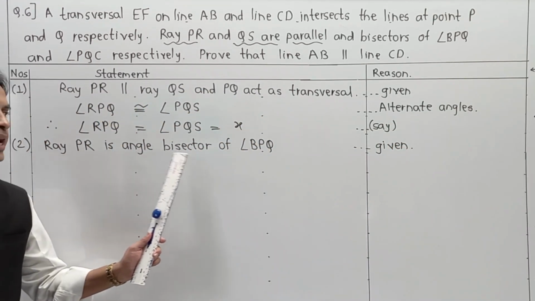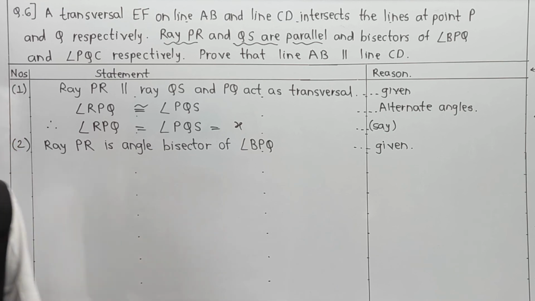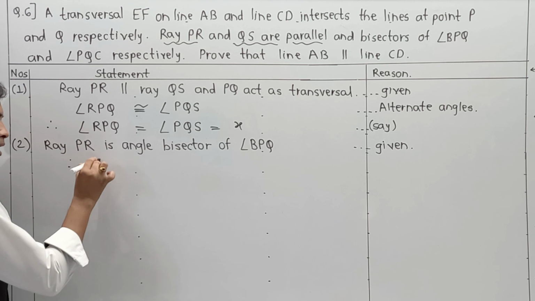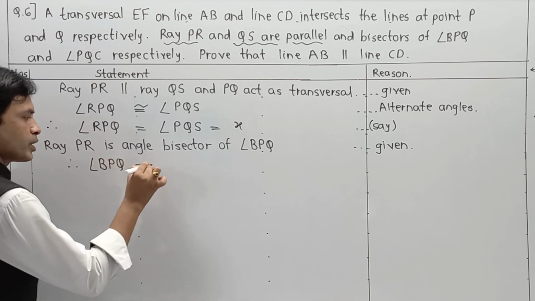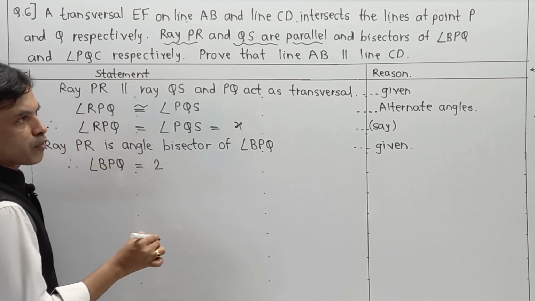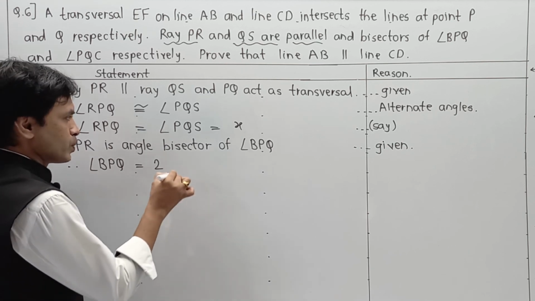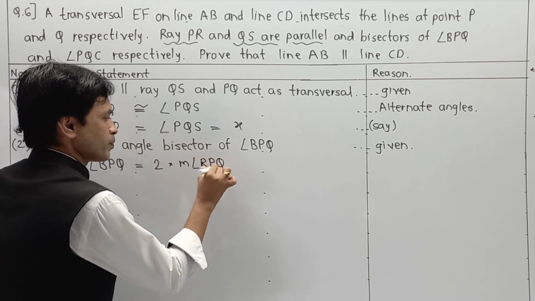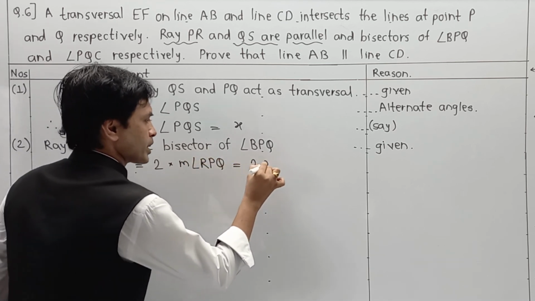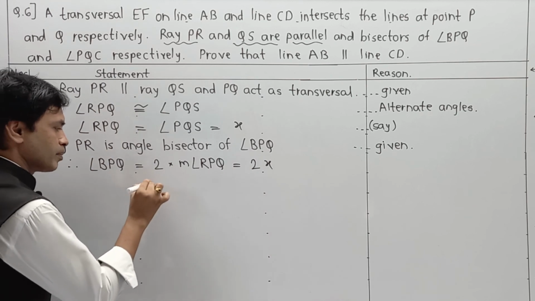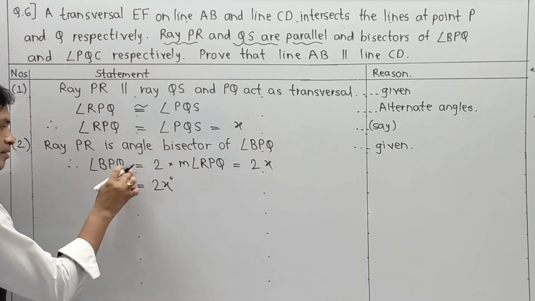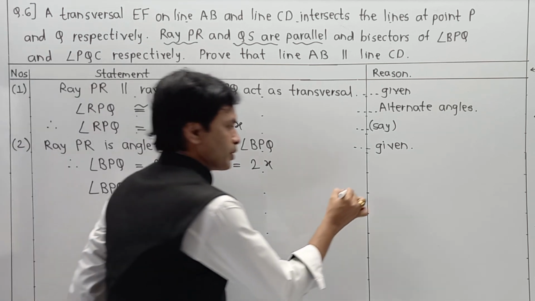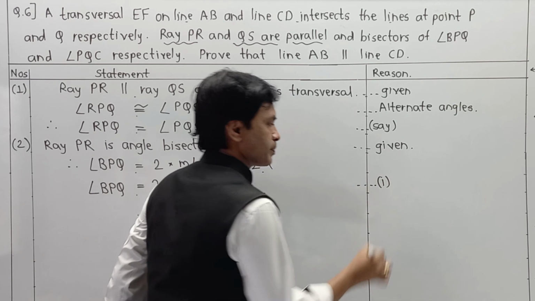Ray PR is angle bisector of BPQ. Therefore, angle BPQ is 2 times the measure of angle RPQ, that is 2 times x, and that value becomes 2x degrees, the value of angle BPQ. I am going to call it equation number 1.